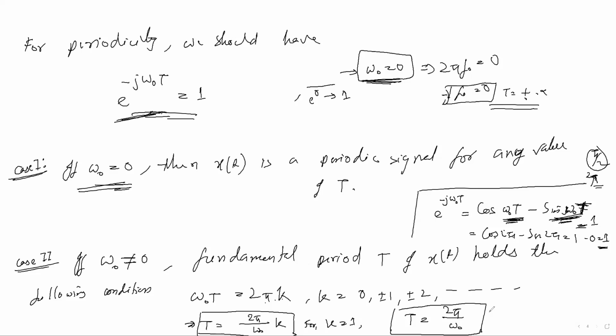This is a very important equation, because sometimes they will give only a sine term or cos term, and they will say find the time period. Then you have to use this equation, T equal to 2 pi by omega naught.